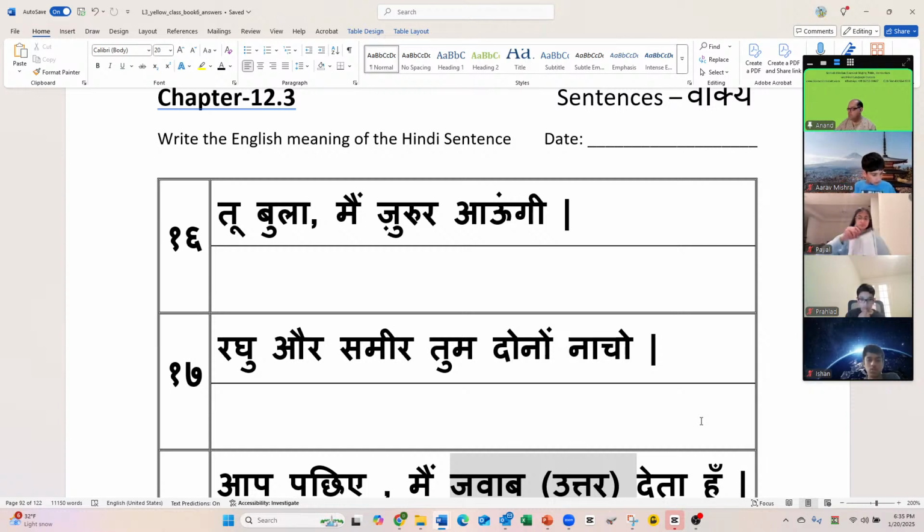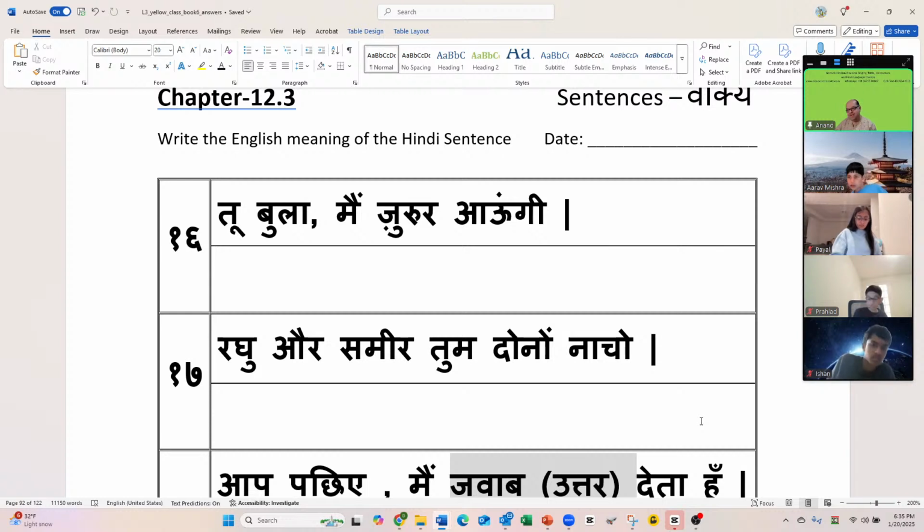Arav, you're mute. Yes. तू बुला मैं जरूर, or rather, let's pronounce it as Zurur.